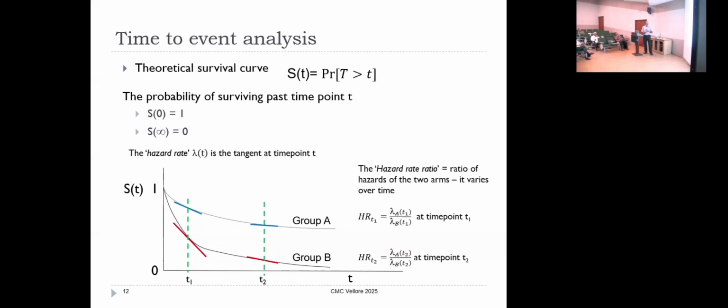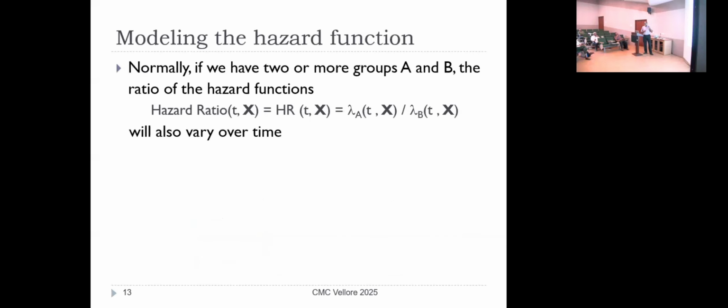Why? So the hazard rate ratio, I can get it at time point 1 and at time point 2 with this. But when I'm modeling the hazard with the Cox model, things behave nicely. Let's see how. If we have two groups, A and B, the ratio of the hazard functions is what we had there, the ratio of the hazards. And it also will vary over time, which we just saw in the previous one.